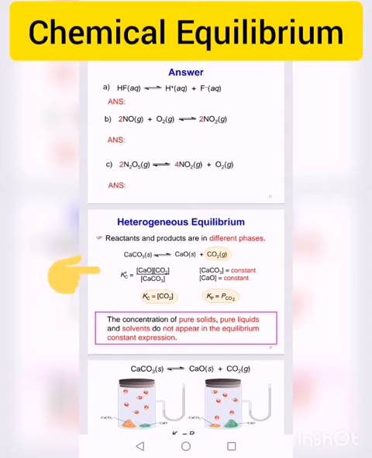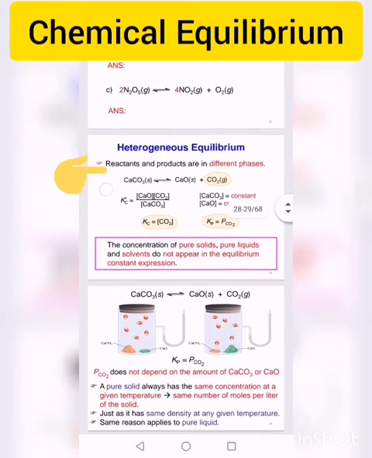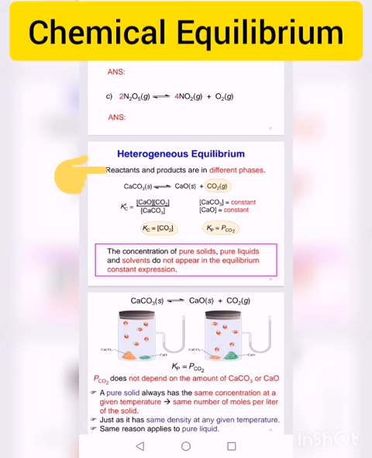So once we reject the solid, just proceed with Kc equal to CO2, or Kp equal to the partial pressure of CO2. As the first step, balance the equation first. After you balance the equation, consider the phase. Is it solid? Is it pure liquid? Then just reject the constant value, and find the expression according to whether it is Kc or Kp.